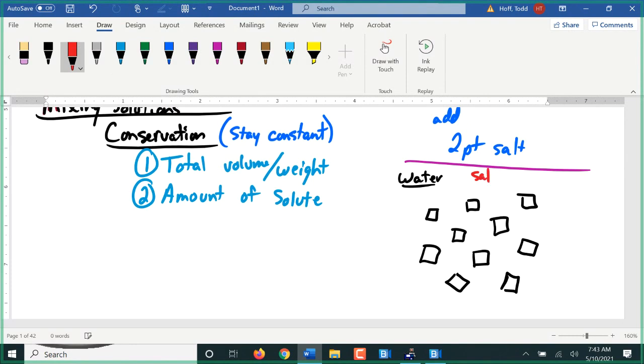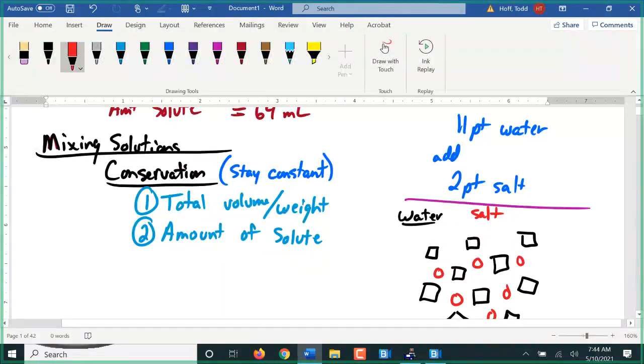When we add the salt into that water, some of those salt particles hide in those gaps between the water. So if I have 11 pints of water and I add 2 pints of salt, it might go up to 11 and a half pints of salt water. When it fits in that gap, it might push the water particles a little bit further apart, but not much. So there's a certain amount of salt that you can add into water and not increase the volume hardly at all. So when I say volume is conserved, that's not what I'm talking about.